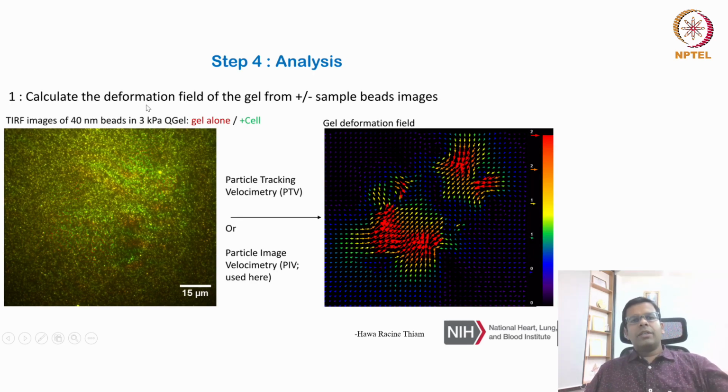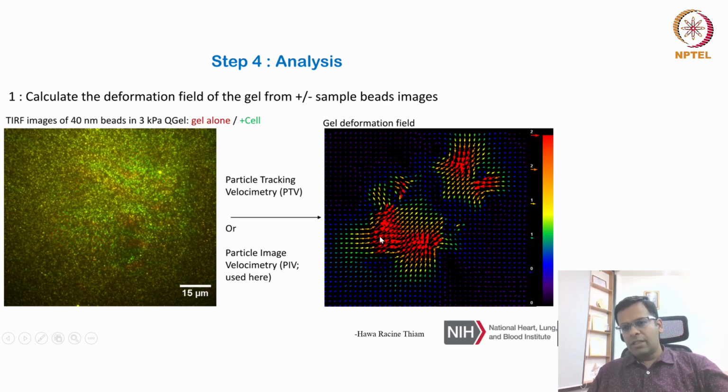So you calculate the deformation field of the gel from plus and minus sample bead images. This is a TIRF image of 40 nanometer beads in 3 kilopascal Q-gel alone plus cell. The red image represents the gel alone and the green image represents the gel plus cells. And then particle tracking velocimetry is performed computationally.